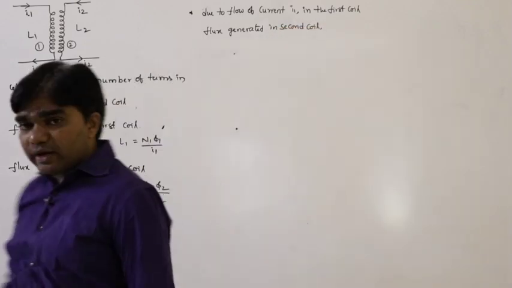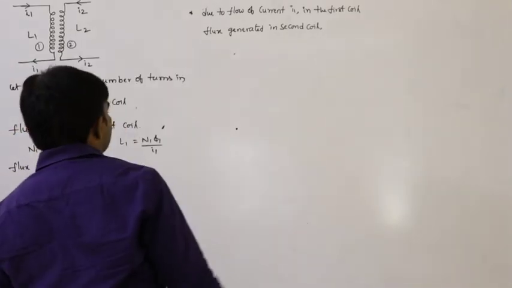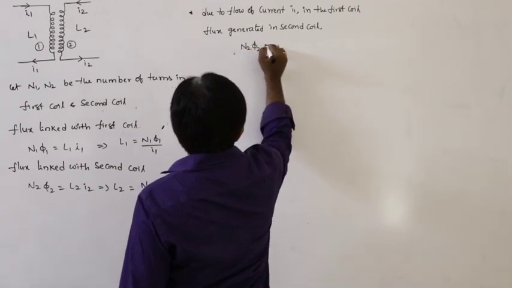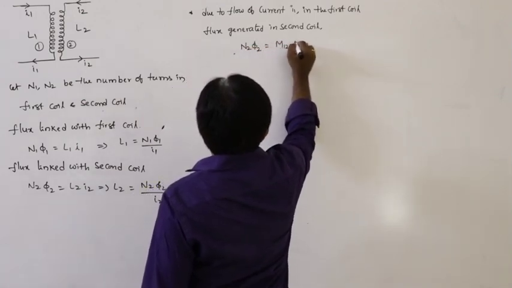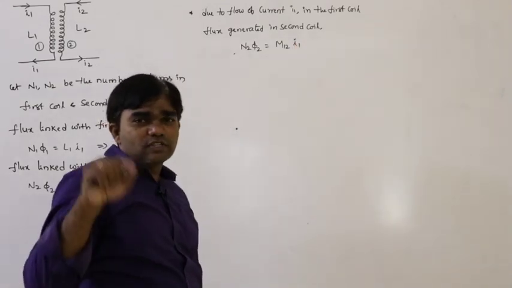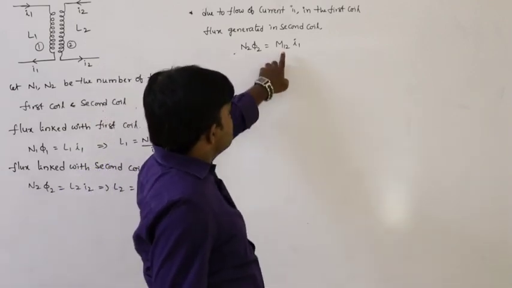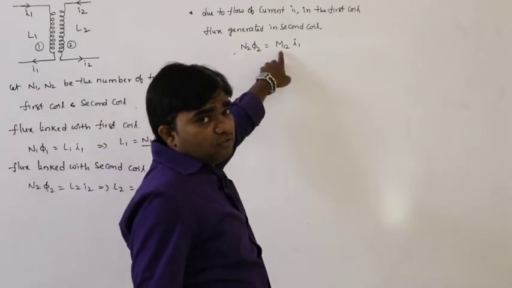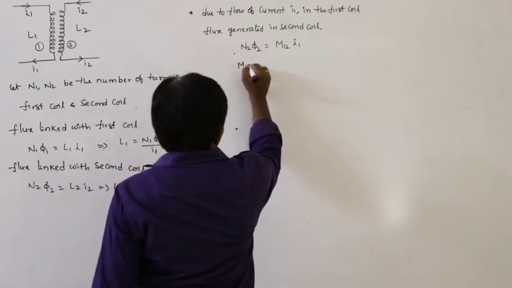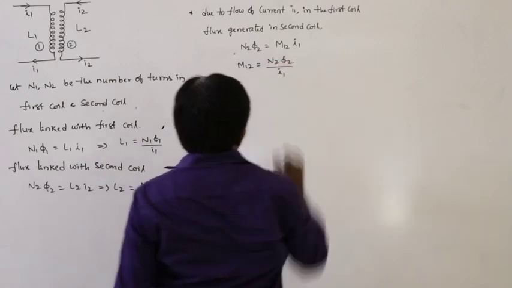Due to the flow of current I1 in the first coil, what is the flux generated in the second coil? Let us say the second coil flux N2 phi2 is equal to M12 into I1. M12 is the mutual inductance due to the first coil on the second coil. From this we can write M12 is equal to N2 phi2 divided by I1.